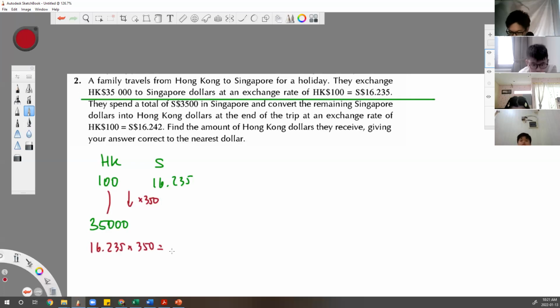The answer is they get Singaporean dollars of 5,682.25. This is what they have. Step 1.